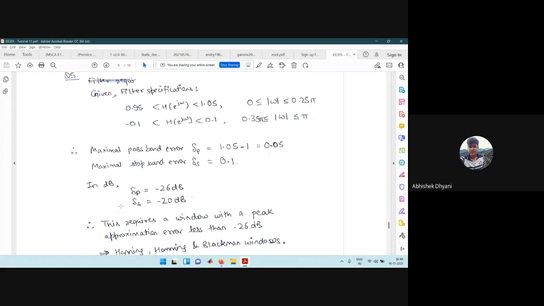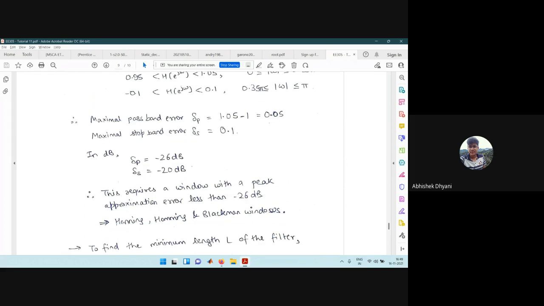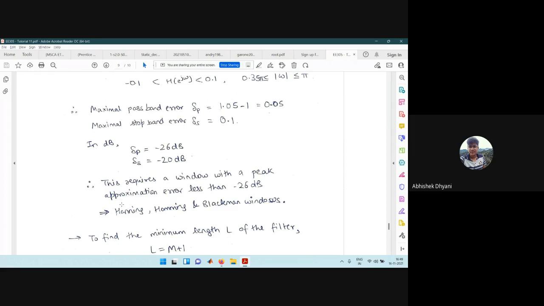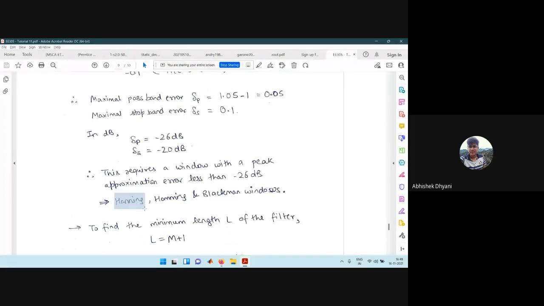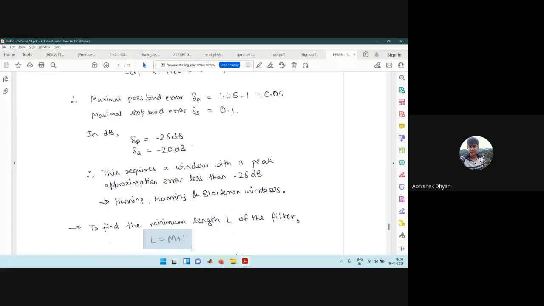Now the second part was to find out what is the length of the filter which will result after windowing with these three windows. The length of the window is basically how long the impulse response is. Because the resulting filter will be an FIR filter, we know that the length is finite, and in fact that length is equal to capital M plus 1.